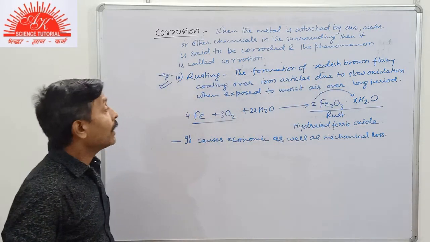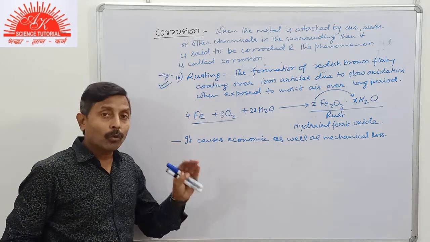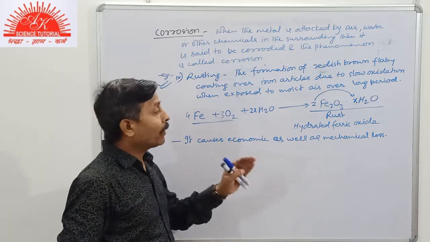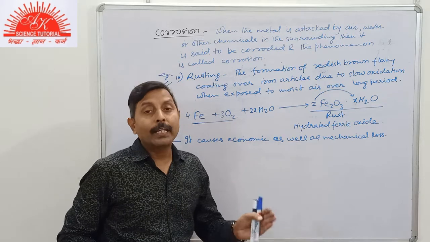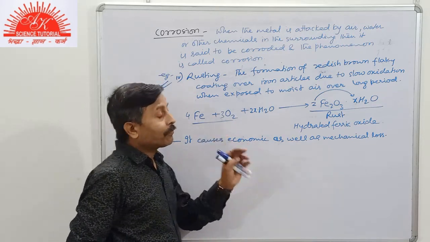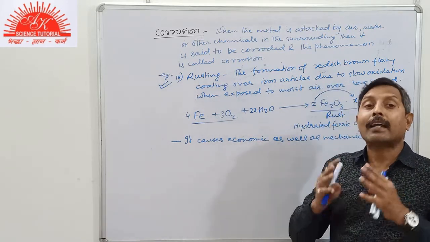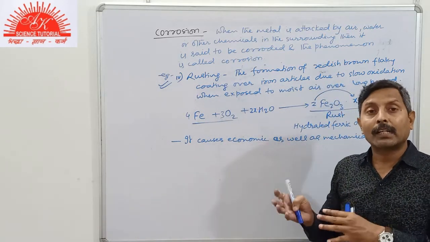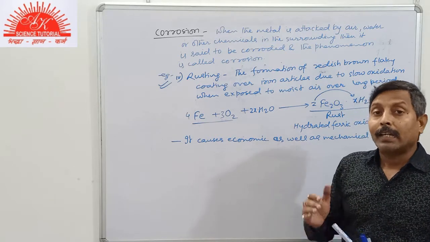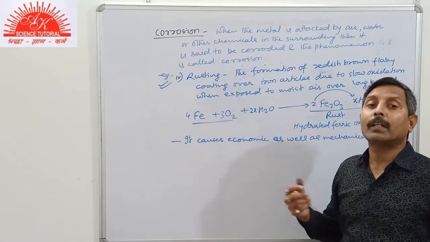Mechanical loss means the iron articles gradually become weak due to the corrosion, due to the rusting. From the upper layer, its layer gets removed, it becomes weak. And economic, because if iron articles like iron gate, grills, bridges, girders get rusted, they will have to be replaced by newer ones, so there is loss of economy, loss of money.